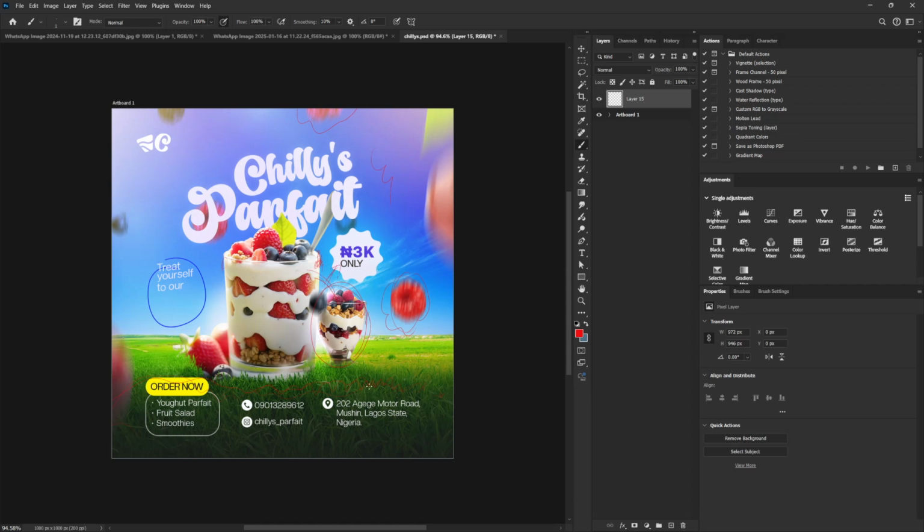And that's not true, because I'm sure you can see that this glass here is different from this glass. So this looks like you're saying you can get this too for just 3,000 naira only, and that is not right. So if I were you, I would get rid of this and retain this.